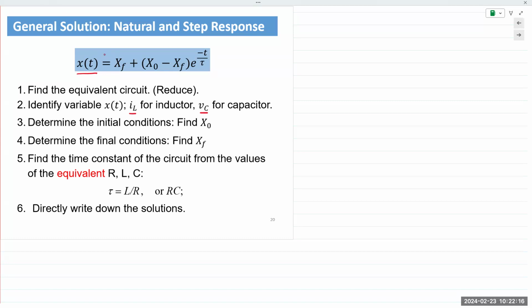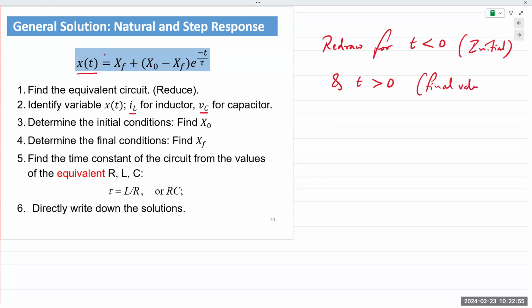If it's an inductor, you're trying to find the inductor current IL. If it's a capacitor, you're trying to find the capacitor voltage VC. Then determine the initial conditions from your circuit diagram for t less than 0. The t greater than 0 circuit should give you your final values.